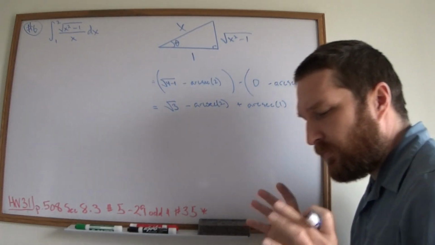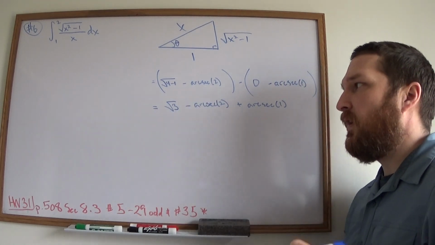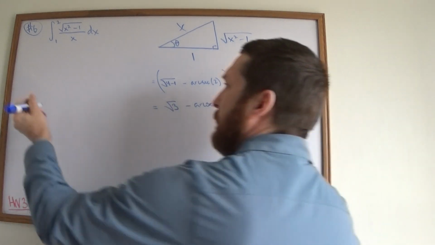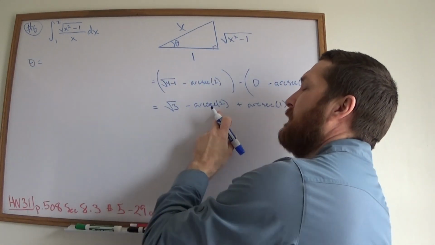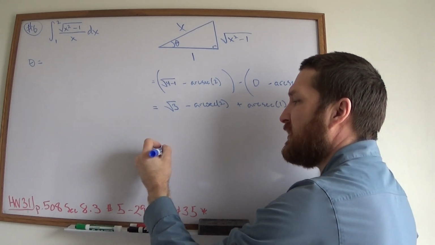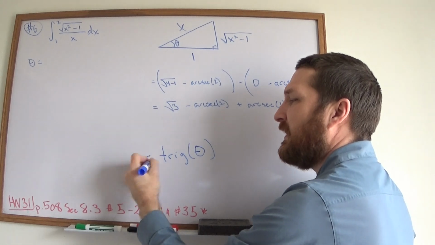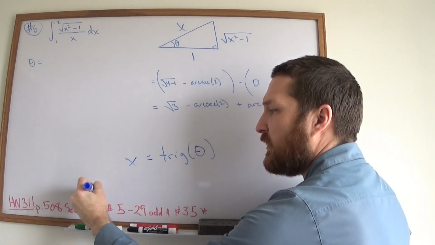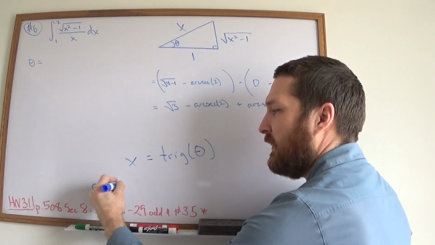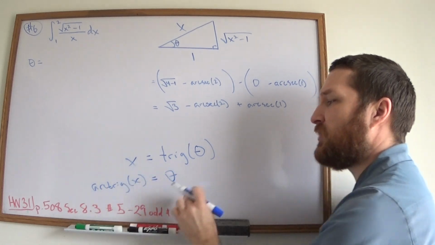Whenever I do arc anything of something, the first thing I do is say, well, hold up, there's some angle theta which is equal to this, right? Because you have some trig function, you plug in an angle theta and you get out some value. And so when you arc trig that function, whichever one it is, you get back your original angle.